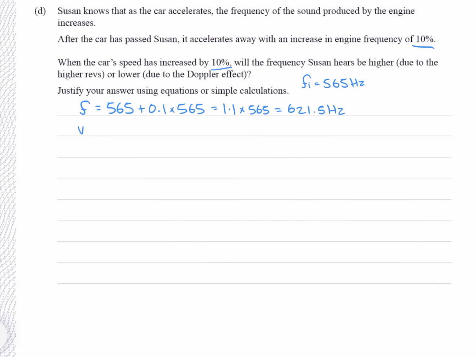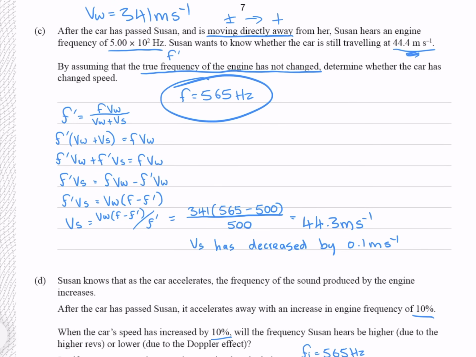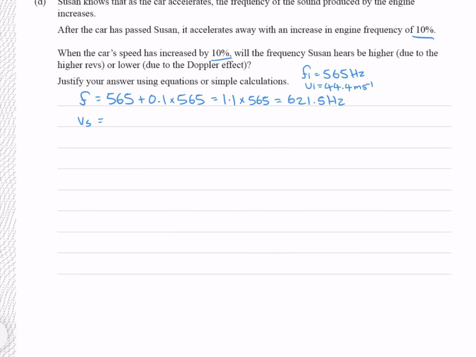As for the new speed of the source, we know that the original speed is 44.4, and that our new source velocity is going to be 10% more, so much like we did above, giving me 48.84 meters per second. Now let's figure out the final Doppler shifted frequency.